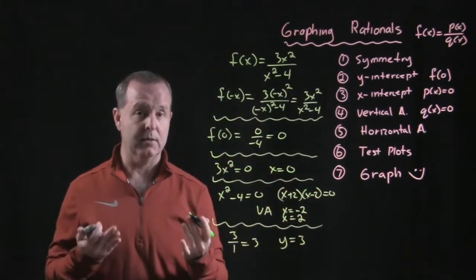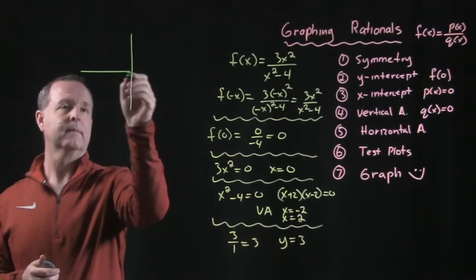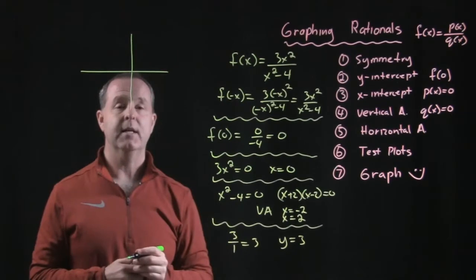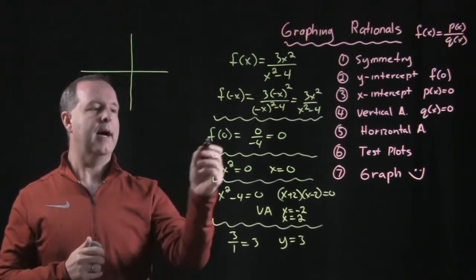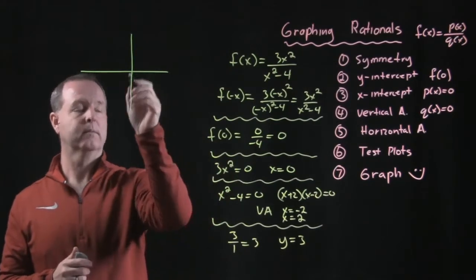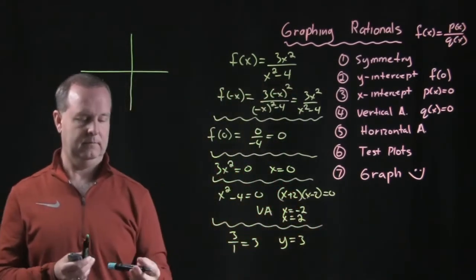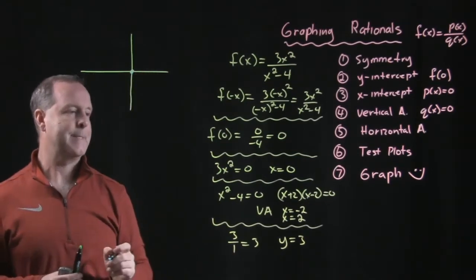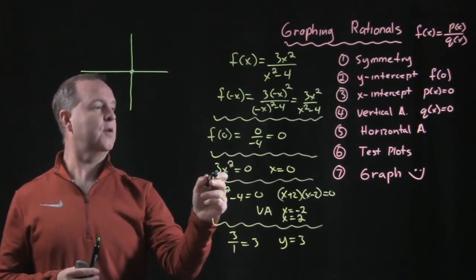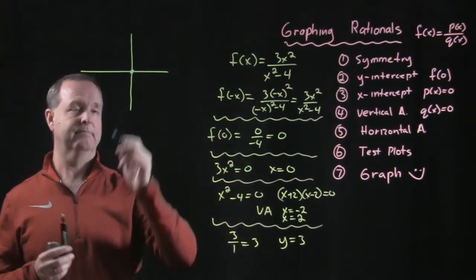let's just start to build what we know. First thing tells me I have symmetry with the y-axis. Good to know. I have the point (0, 0). Check. I also have the point (0, 0) for, that was my y-intercept and my x-intercept.